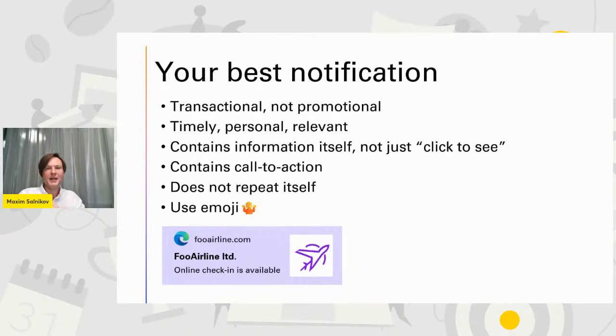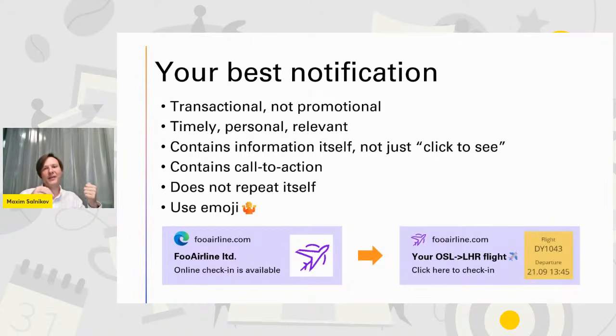Check-in is available. First of all, the notification you see here now, like a sample notification, is relatively good, right? So it definitely brings some information, and if we send it at the right moment to the right user, it's still available, right? But we can do better.